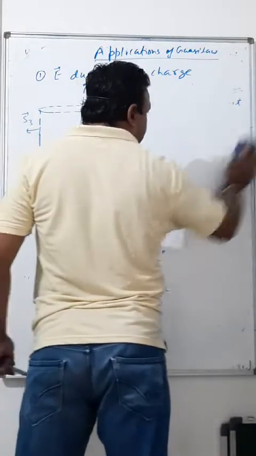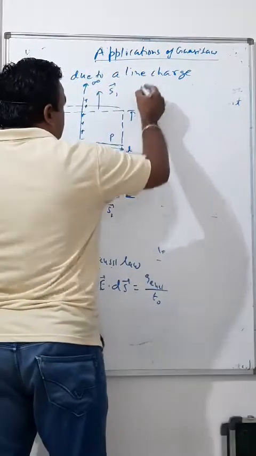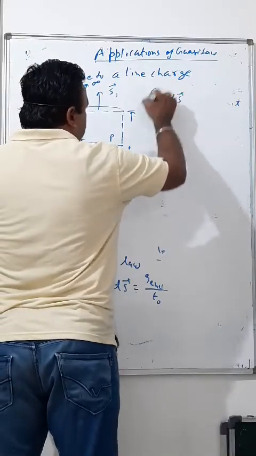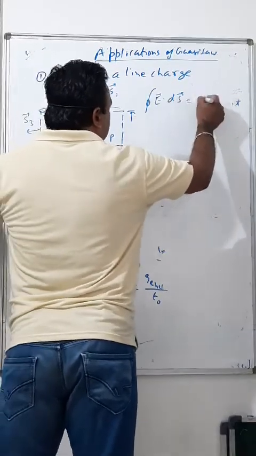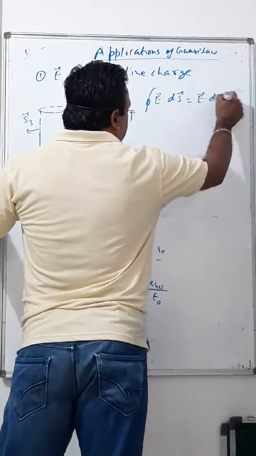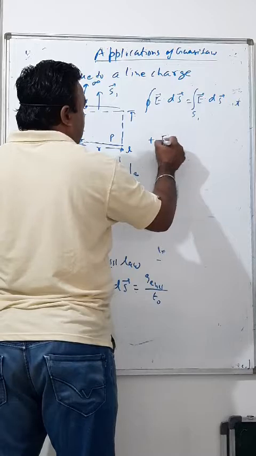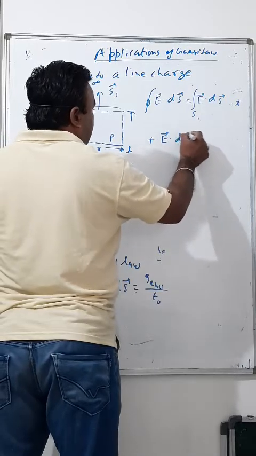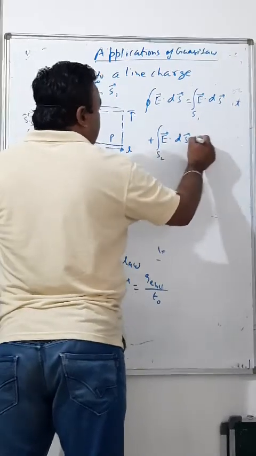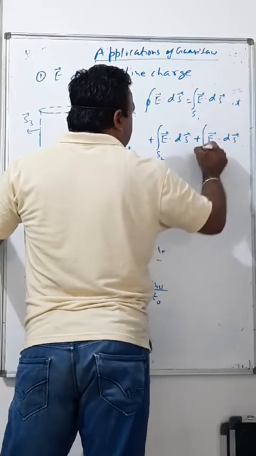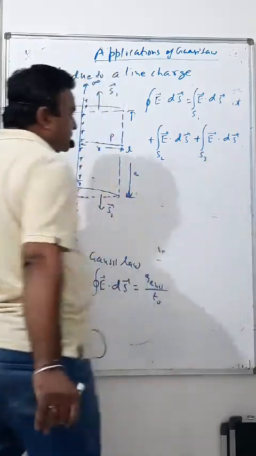Now this integration is for a closed surface. So I write E dot ds over the closed surface as E dot ds for S1, plus E dot ds for S2, plus E dot ds for S3.